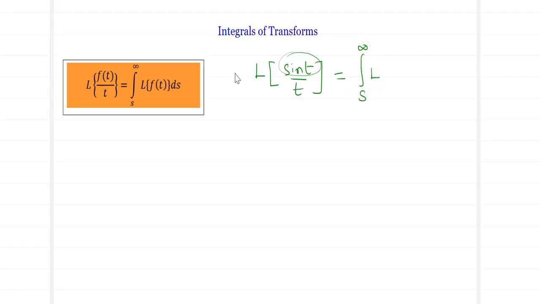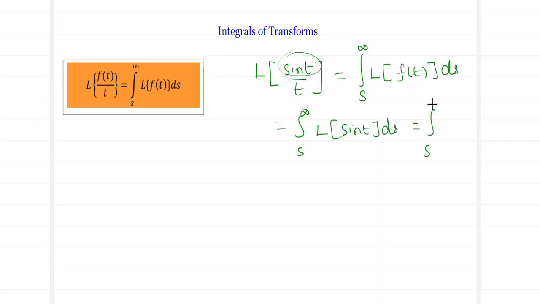The Laplace has to be taken only of my numerator, so it is Laplace of f of t with respect to the variable ds. So now this gives me the integral from s to infinity of Laplace of what is there in the numerator? The numerator has sin t, ds.